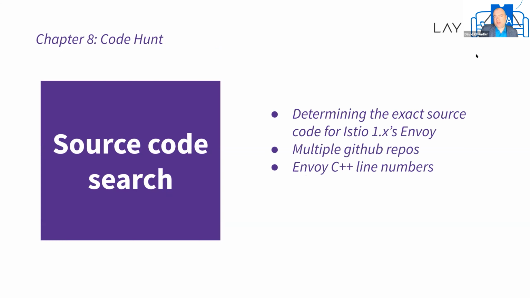So once you have your line numbers and your C++ Envoy stack trace, just to figure out exactly the source code I was looking at, that definitely depends on the Istio version. For 1.5, I think they were using github.com/istio/envoy, which if you look at it today, the blurb says this is just for developers for some testing, but I think it was the real repository for cutting the releases of 1.5 and 1.6. So you have to find all the repositories.